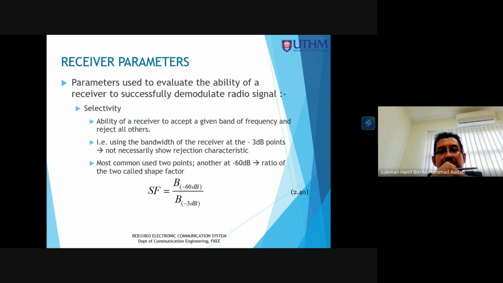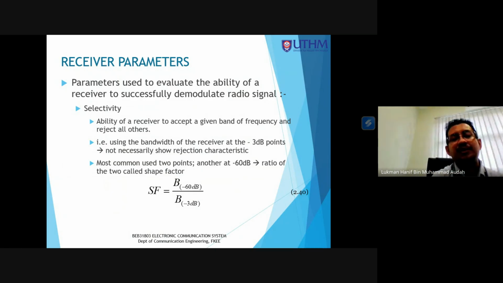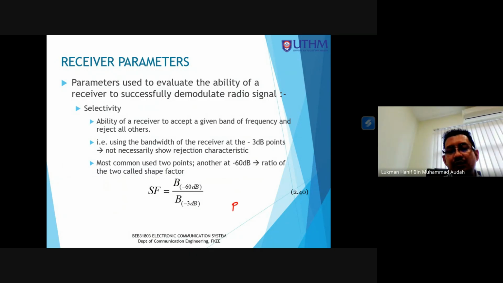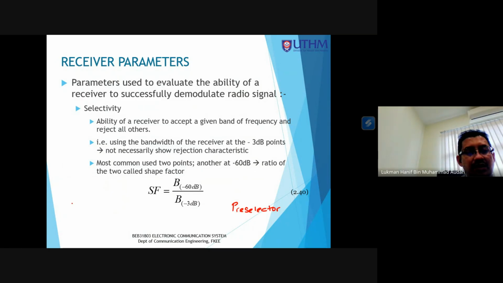If you see from here, starting from this slide, this slide is actually referring to the pre-selector. This slide is showing the parameter at the pre-selector.